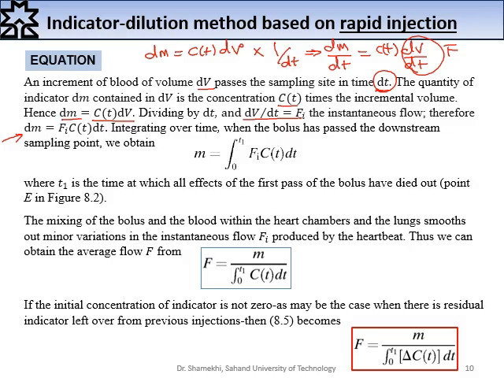Okay, we have a differential equation. Therefore, we can calculate the integration of this equation to find M. M equals the integral of F multiplied by Ct dt. And as you can see, we have a limited time, and the integration will be calculated in this limited time.